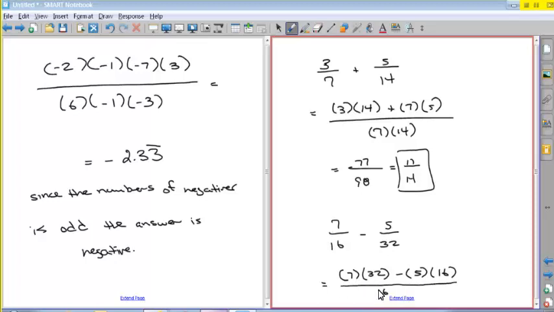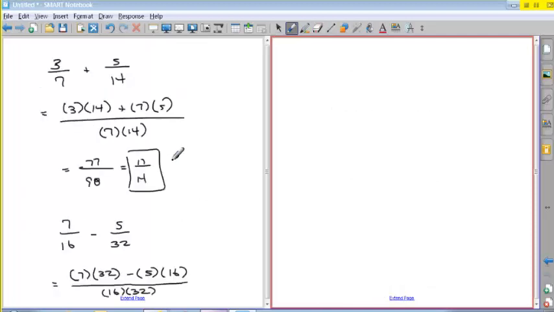So you cross multiply and then you do 16 times 32. So then plug those into your calculator, not the whole thing, but just the numerator, and I'll get 144 over 512.